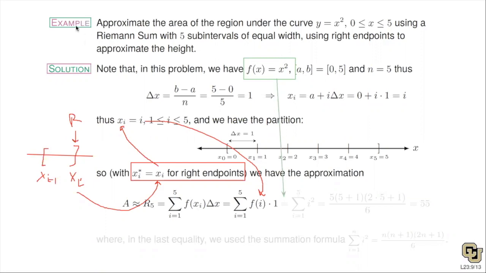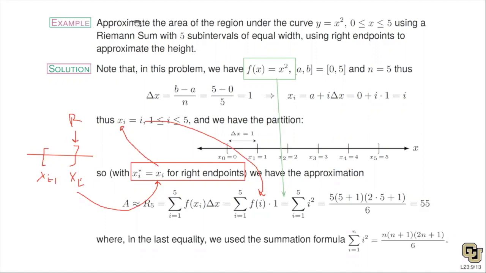So f of i is going to equal the sum of i squared, i going from 1 to 5. And now we just have to find the sum. You can do this explicitly. You can just calculate the sum. If you expand this, it would be 1 squared plus 2 squared plus 3 squared plus 4 squared, and then stop at plus 5 squared.